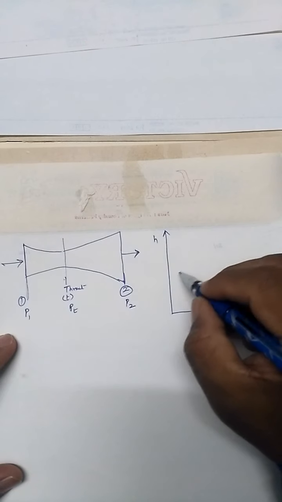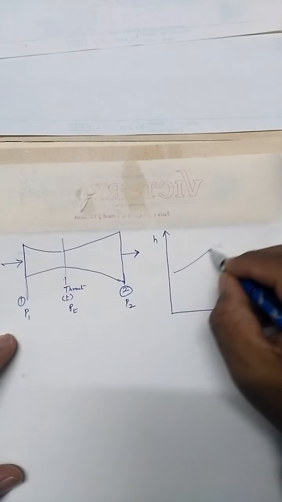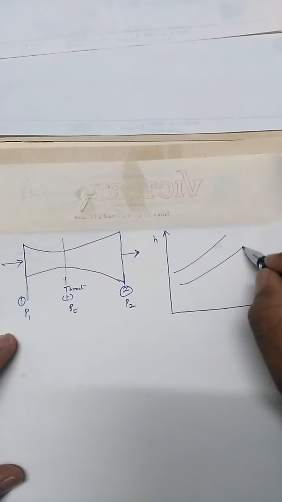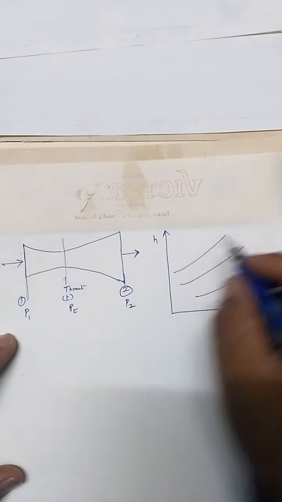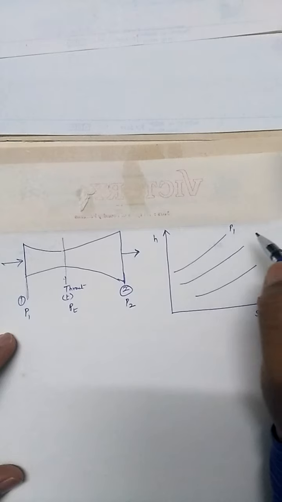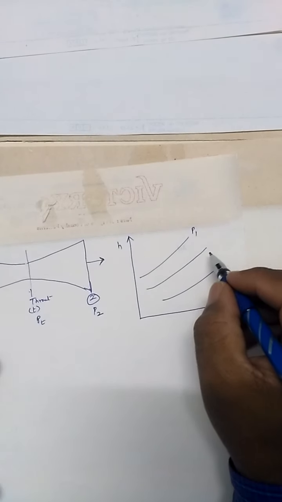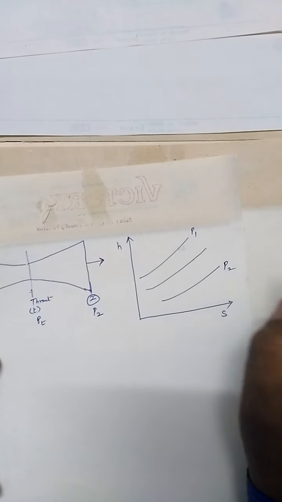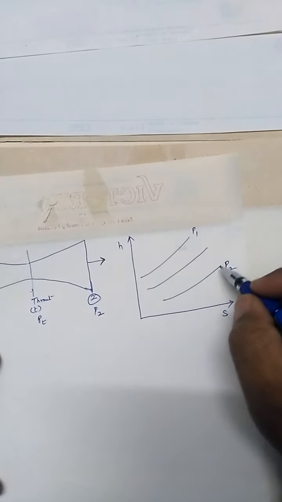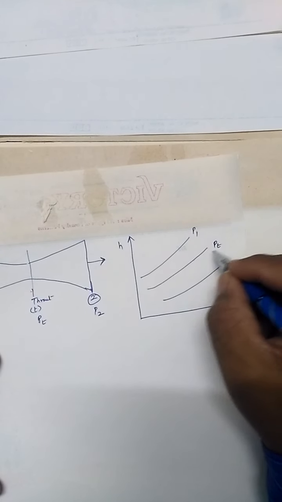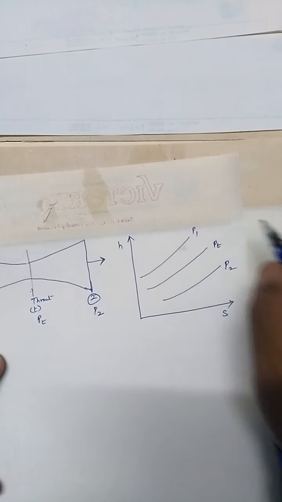So there are three pressure lines. The inlet pressure will be the highest, so this is P1, and this is the exit pressure P2. The throat pressure will be in between P1 and P2. Let us take this as the PT pressure.